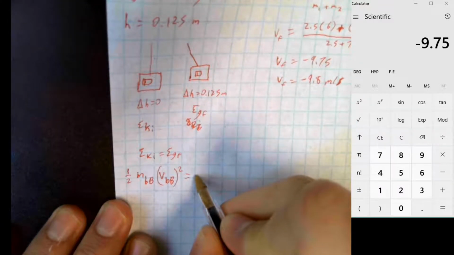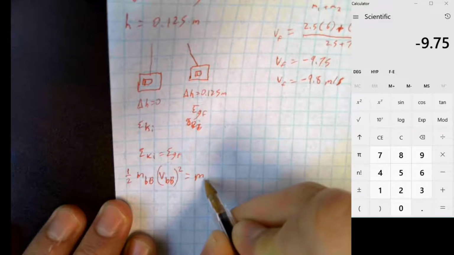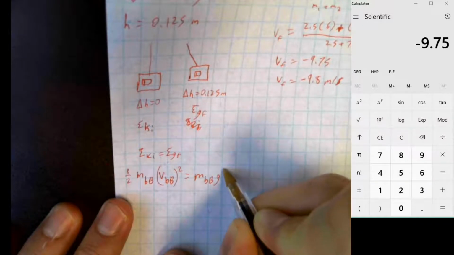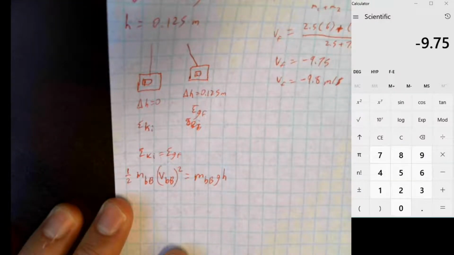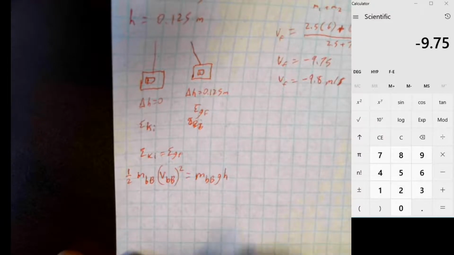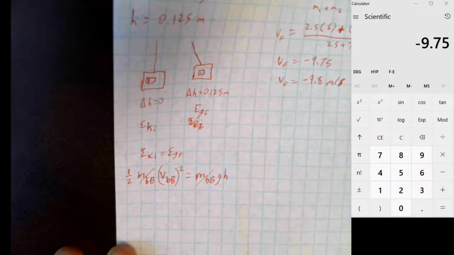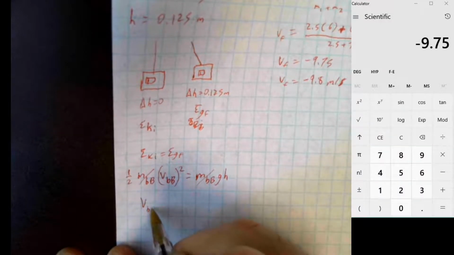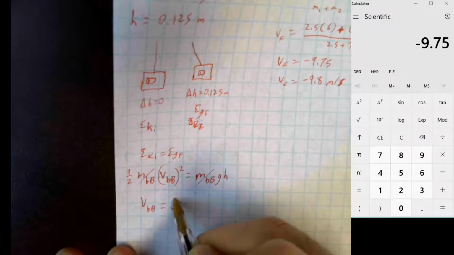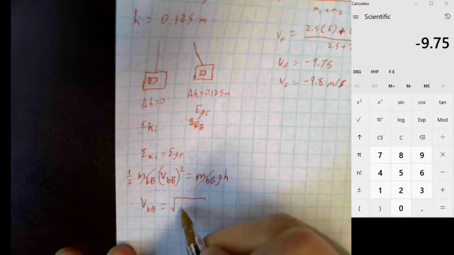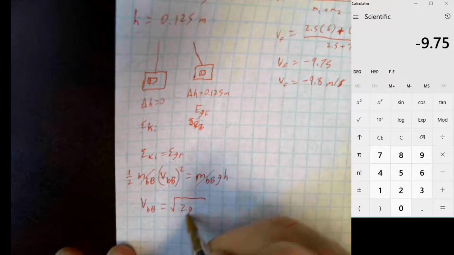And then on the other side I have MBB, G, and H. This MBB and this MBB will divide out on both sides. I'm going to isolate for VBB, which is the square root of 2GH.